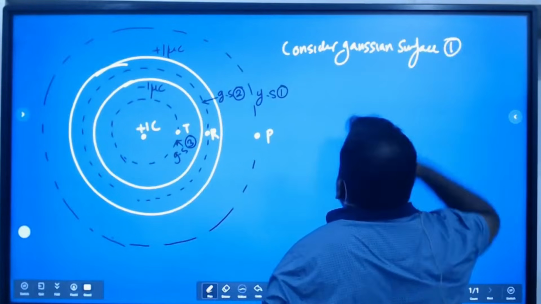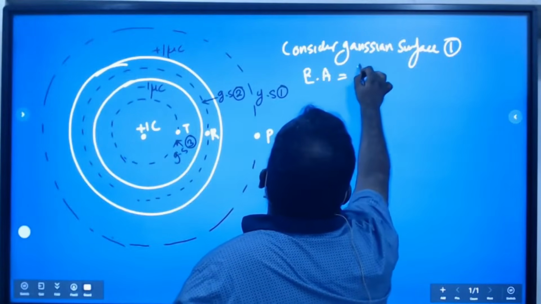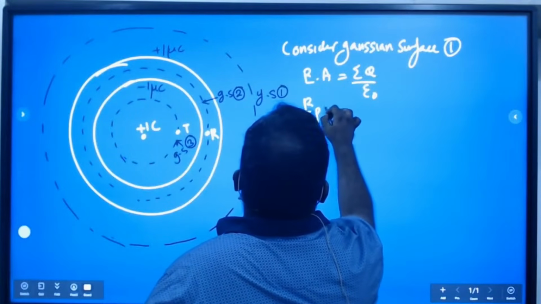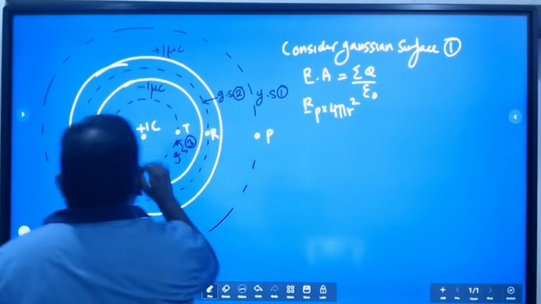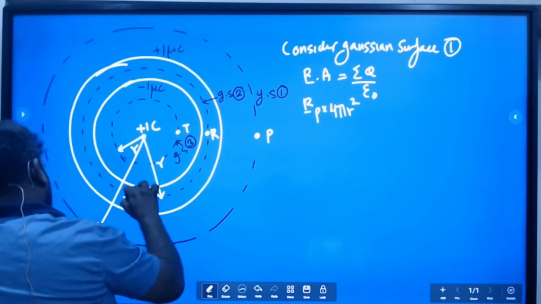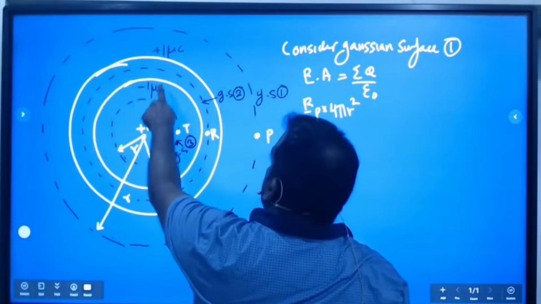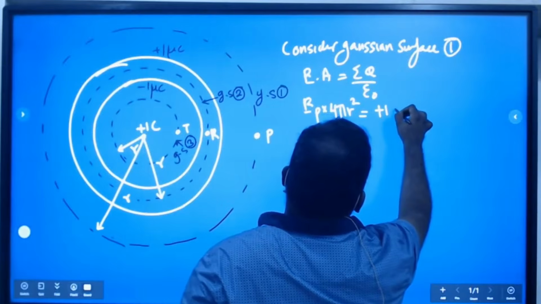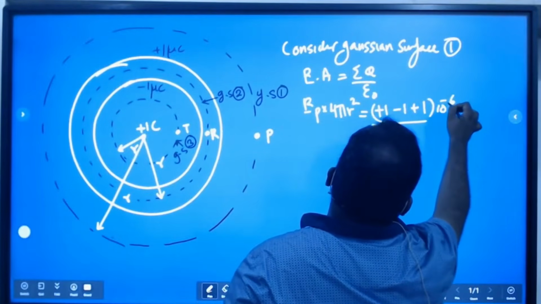E times A equals sum of charges over epsilon naught. Electric field strength at P times 4 pi r squared. Remember the variable distance I take as simple r. Sum of charges inside the Gaussian surface: plus, minus, plus, microcoulomb over epsilon naught.